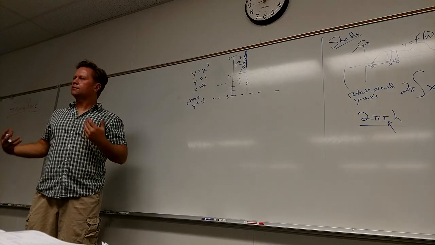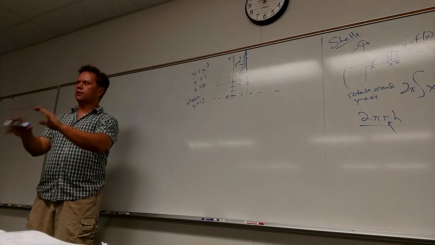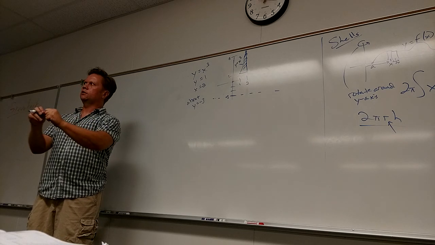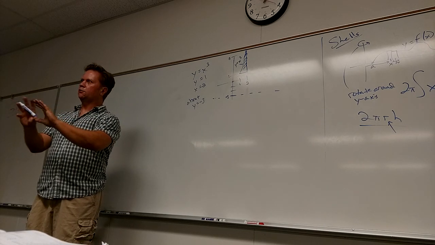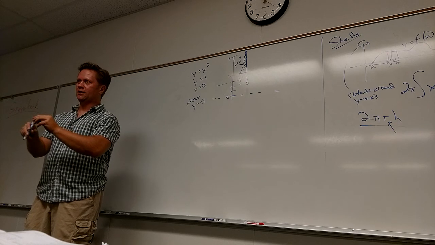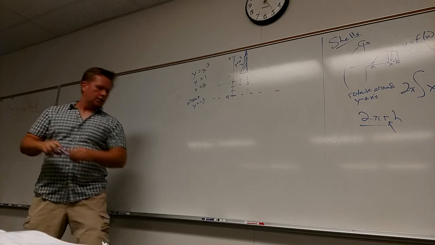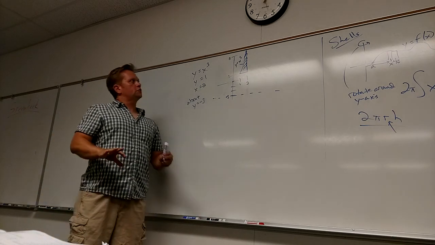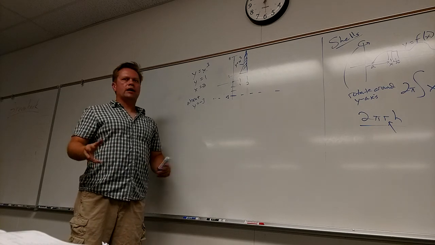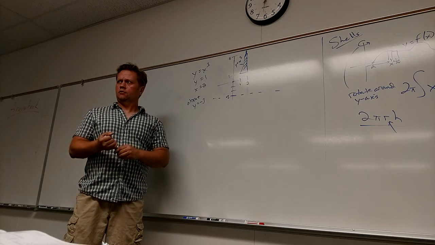The first thing to consider, and the most important thing, is how can I tell relatively easily which method to use? That is the burning question. What method do you think I should try first? Washers.